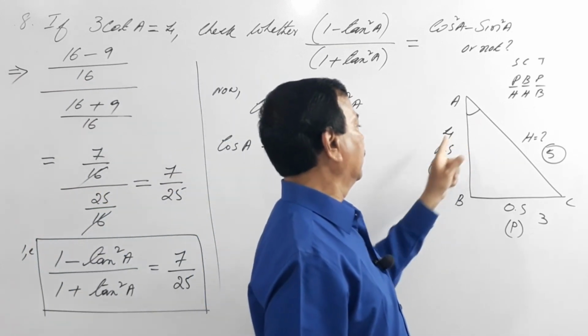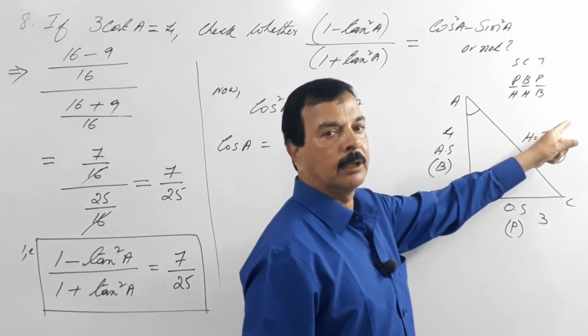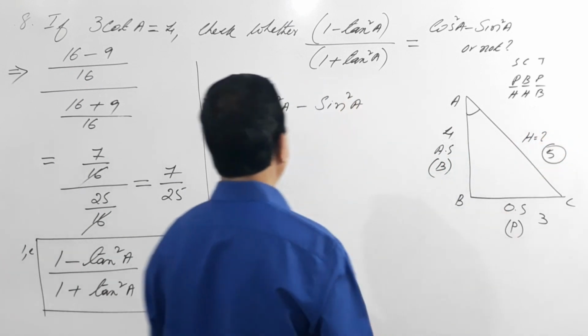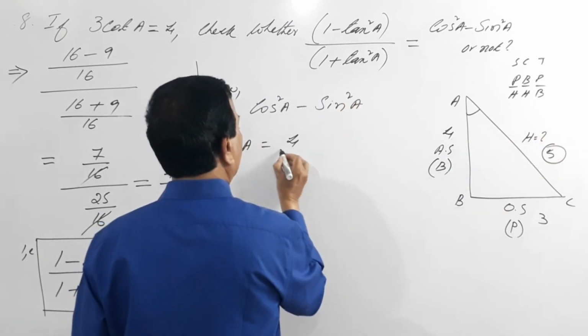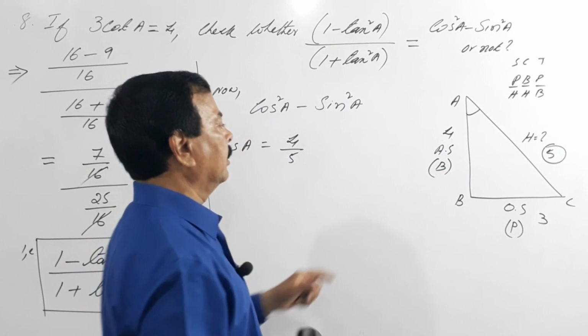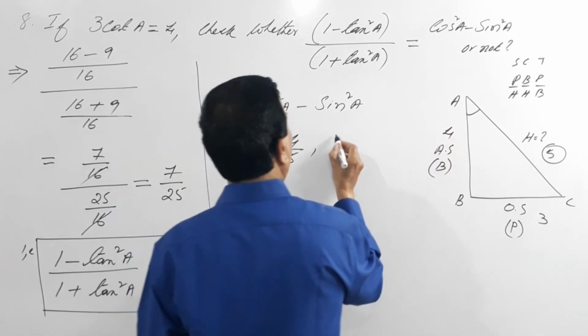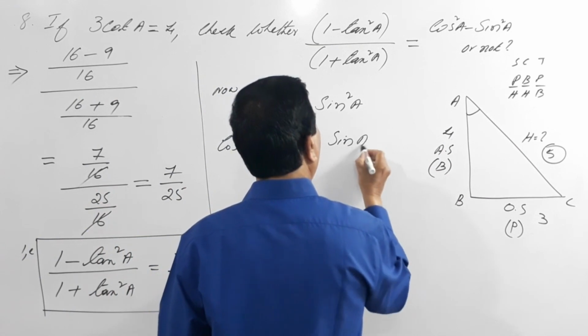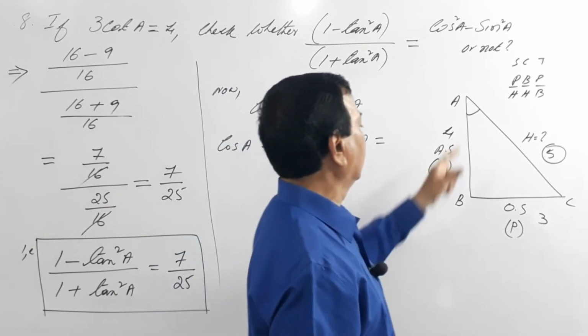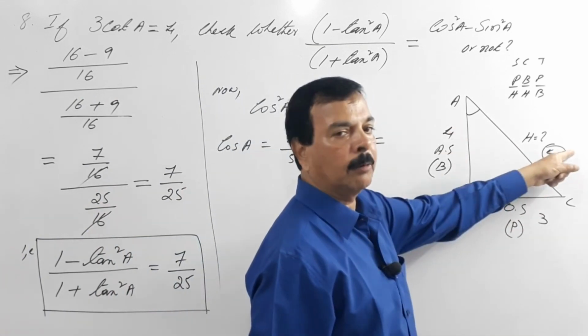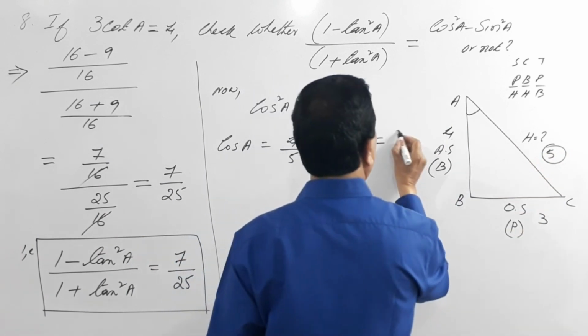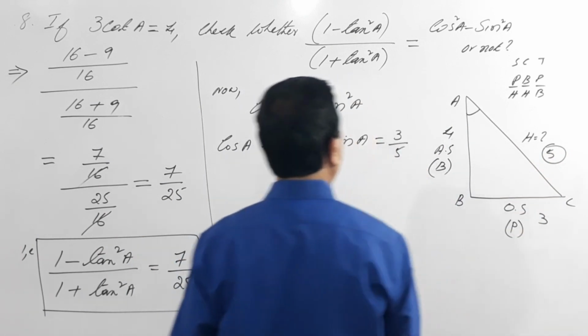Cos A is adjacent side by hypotenuse. So that is 4 by 5. Adjacent is 4 by hypotenuse, and sine will be opposite by hypotenuse. So this will be 3 by 5.